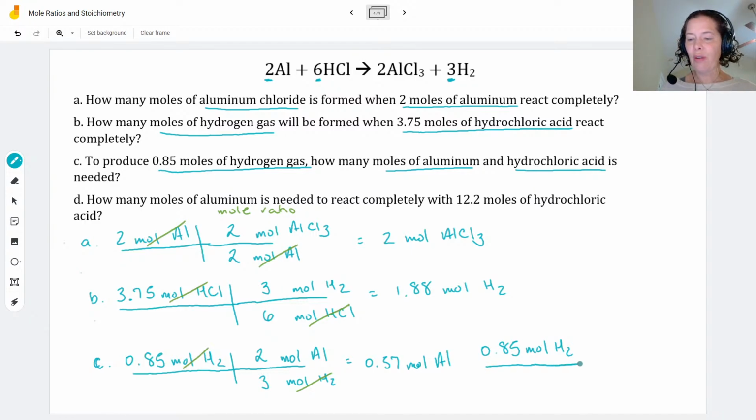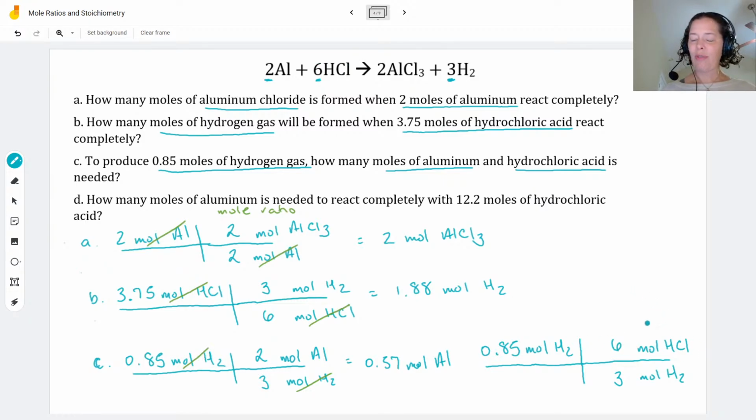So still starting with my 0.85 moles of hydrogen, because that's what the problem gave me. I still want my moles of hydrogen to cancel, but this time I'm trying to predict moles of hydrochloric acid. Okay, so let's get that mole ratio. In front of my hydrogen, again, is a 3, and in front of my hydrochloric acid is a 6.